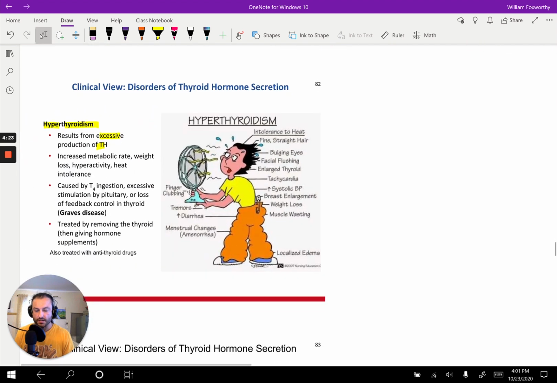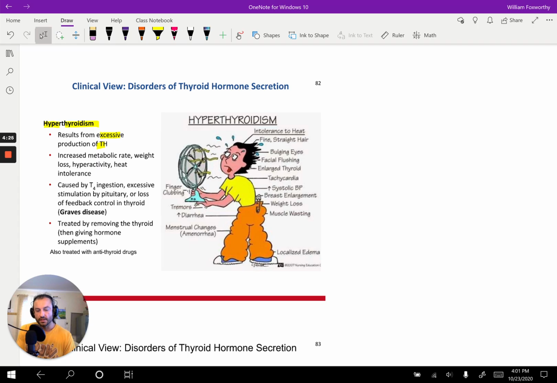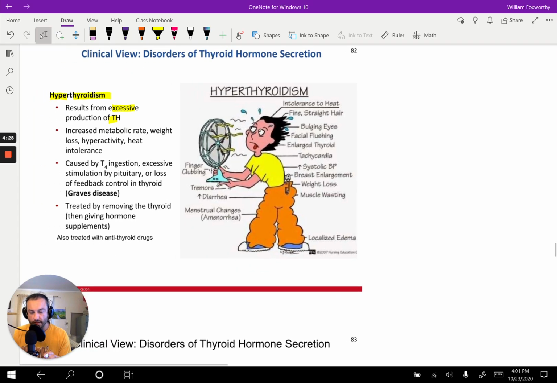If you have too much thyroid hormone being released, this is a disorder called hyperthyroidism. There are a few characteristic symptoms, particularly weight loss, heat intolerance because your body temperature has been raised, bulging eyes, and hyperactivity.